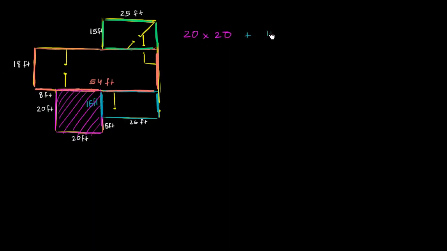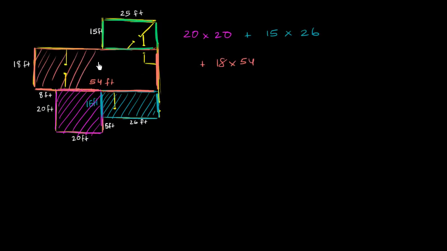That's this area right over there. Plus 18 times 54, which is this area right over there. And then finally, plus 15 times 25, which is this area right over here. So we just have to now evaluate these things.